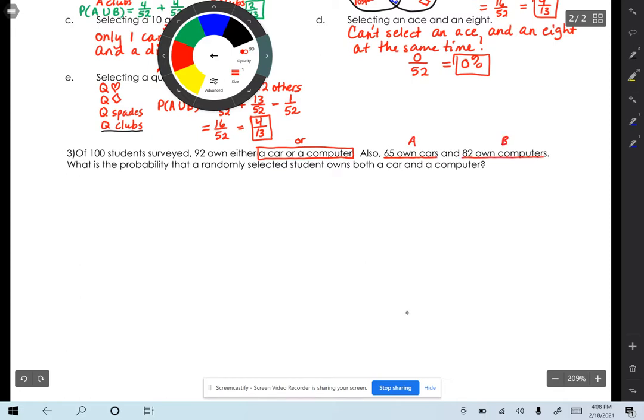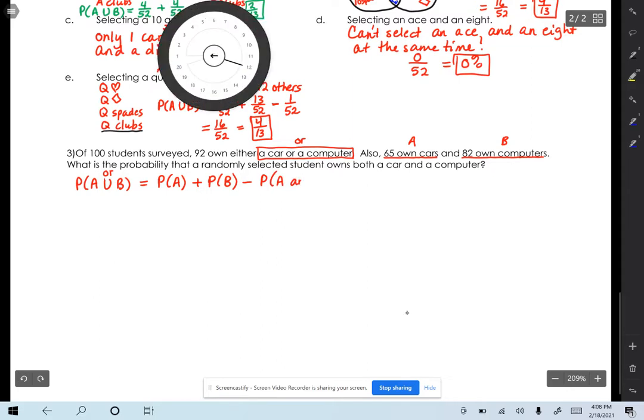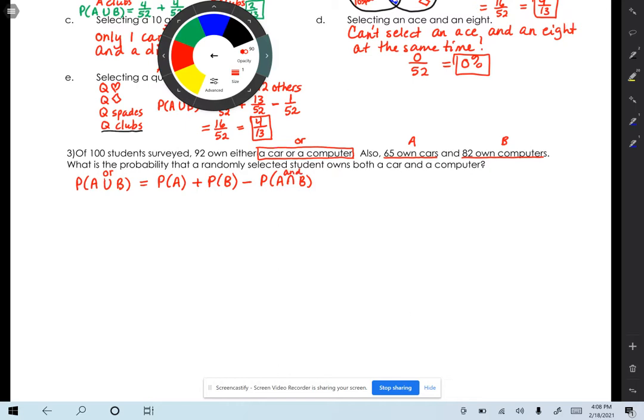So now we can write our equation. So probability of A or B is equal to the probability of just A plus the probability of just B minus the probability of A and B. I just want to use that kind of notation, but you don't have to.